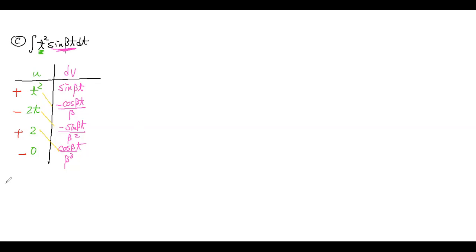So now let's try to write it. Be very careful. This is a negative t squared cosine beta t over beta. Then minus minus becomes plus, so this will be 2t sine beta t over beta squared. Then plus plus, so plus 2 cosine beta t over beta cubed, plus c, right?